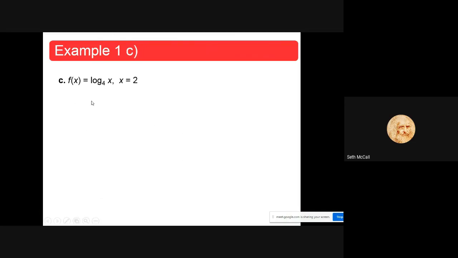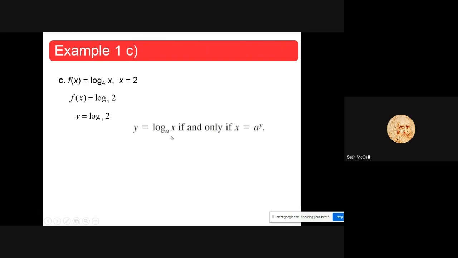Example C. Again, same thing. We have f of x equals log. This time the base is 4 of x. We're going to substitute 2 in for x. So we have f of x equals log base 4 of 2. Once again, I'm going to substitute y in for f of x just for the ease of using and solving this. So we have y equals log base 4 of 2.